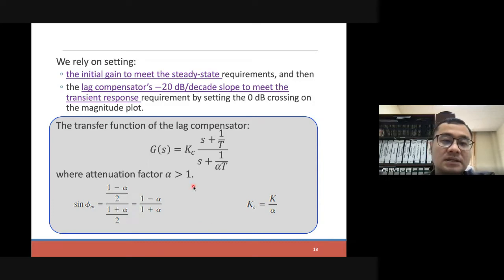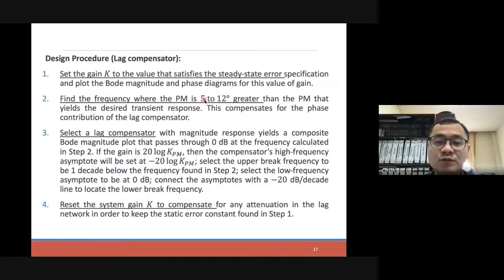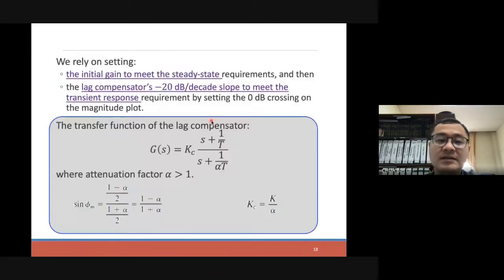Here we rely on these particular settings. Remember this one, 5 to 12 degrees, and the lag compensator patterns. The initial gain to meet the steady state requirements should be adjusted at the beginning.